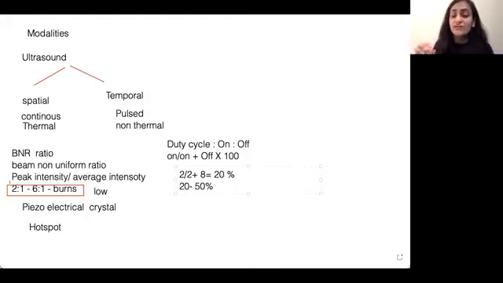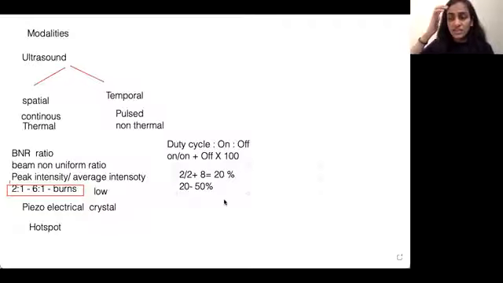It should not exceed 50% because between 51 to 99%, it is almost similar to continuous. So 51 to 99% is going to have some kind of heating effect, so you do not want to go there. So the duty cycle for a pulsed ultrasound will always be 20 to 50%. Everyone clear with this? Okay.